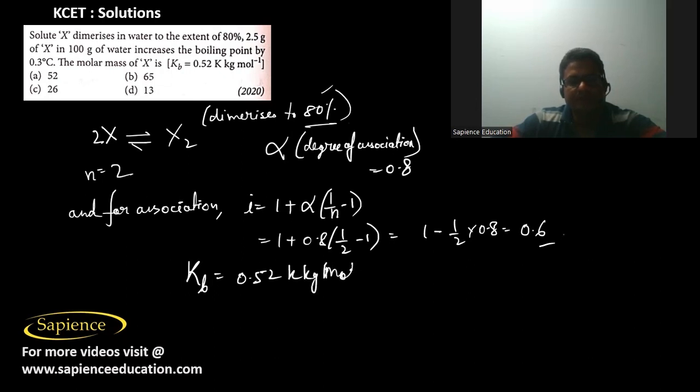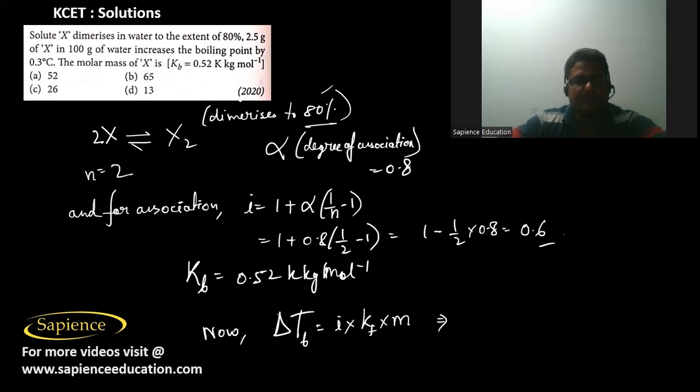Now therefore we can say that the elevation in boiling point delta TB equals i into Kb into m, where m is the molality of the solution. So here the elevation in boiling point is 0.3 degree Celsius, and i is 0.6, into Kb that is 0.52, into m, the molality.